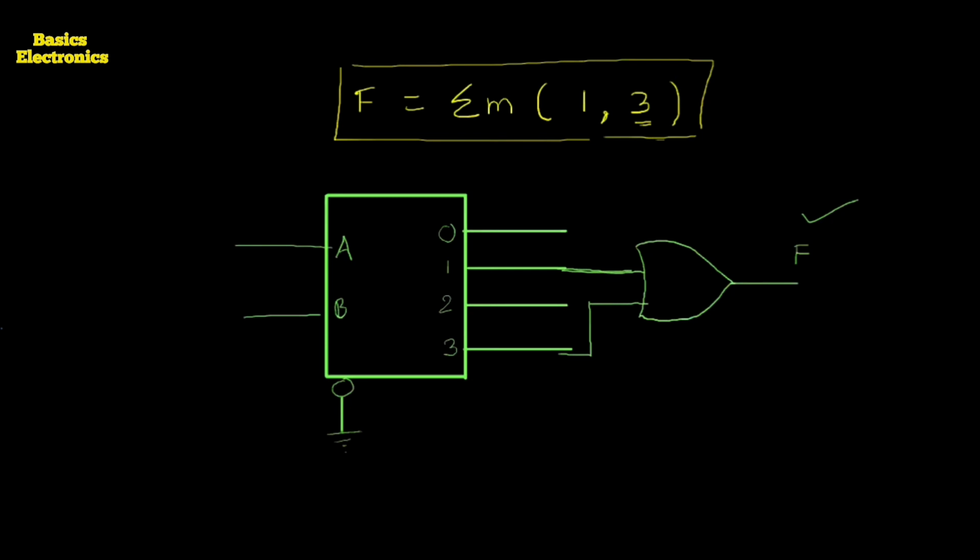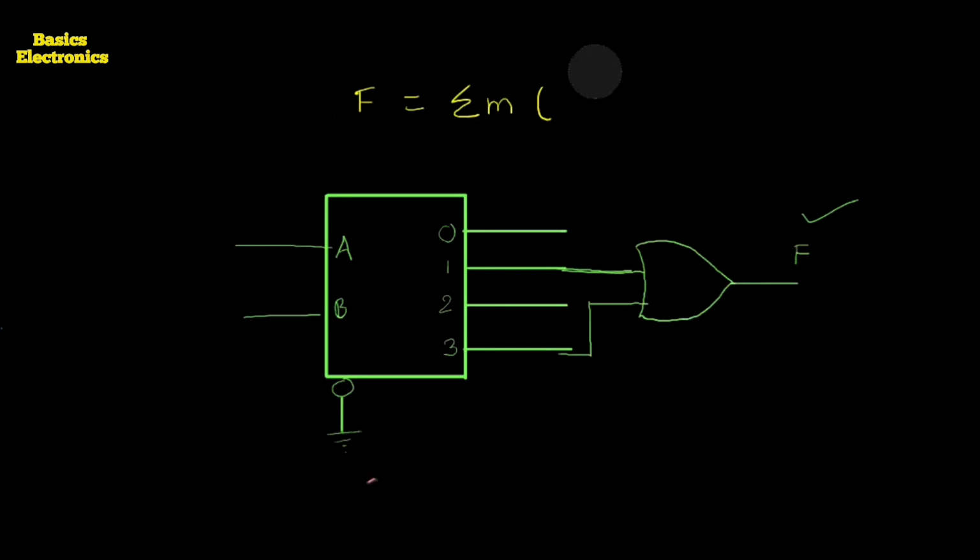We have to implement the other equation. The equation is F equals summation of minterms 0, 2.